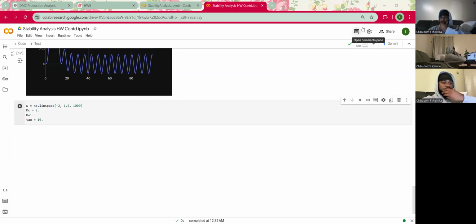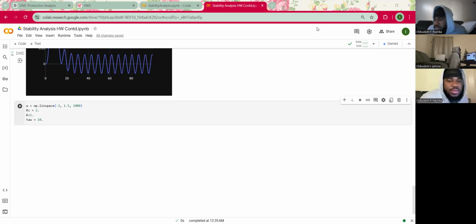So now these are the values that they give us to use in terms of KC2, K1, and tau 10 in this case. Should I rename them? I think I'll leave it the same way.